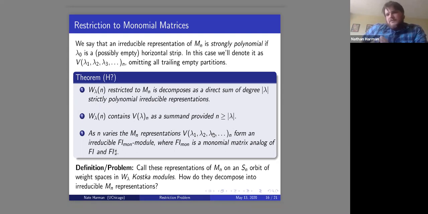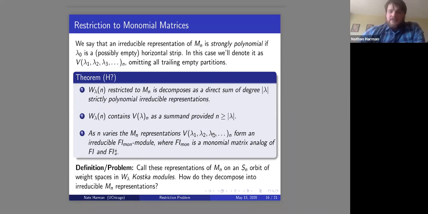So there is a difference if I talk about algebraic representations, whether I want to think of FI mon as an analog of FI or FI sharp. But if I think of just polynomial representations, you pick up the lower rank things for free, because polynomials always extend over 0, just by continuity.